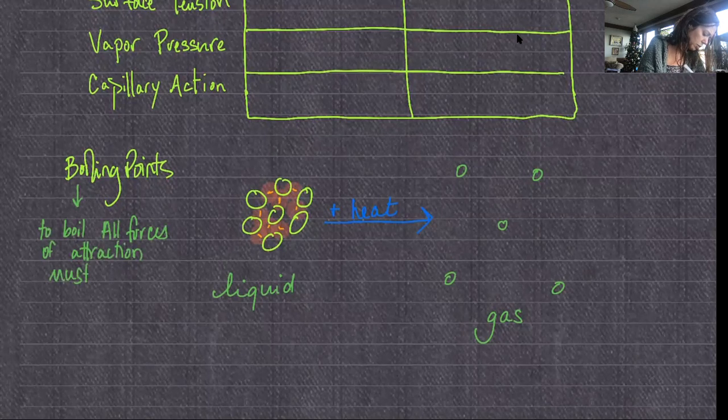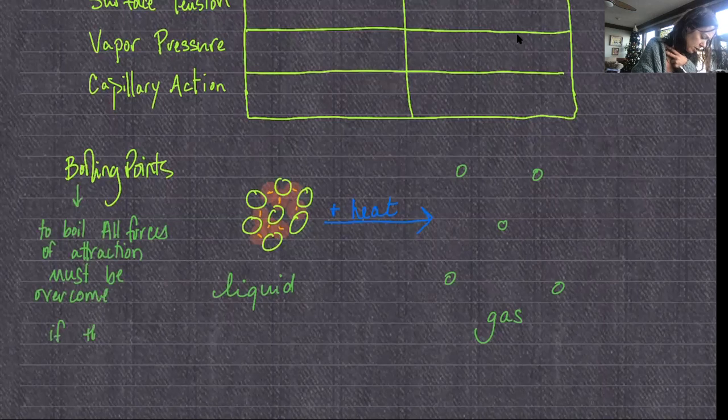So that one molecule can break apart from all the other molecules and become a gas, and they can all become gases, and they're no longer stuck together as a liquid. They all must be overcome. Well, if the forces are strong, will it be easier or harder to overcome them? Then more energy is required to overcome them, right?